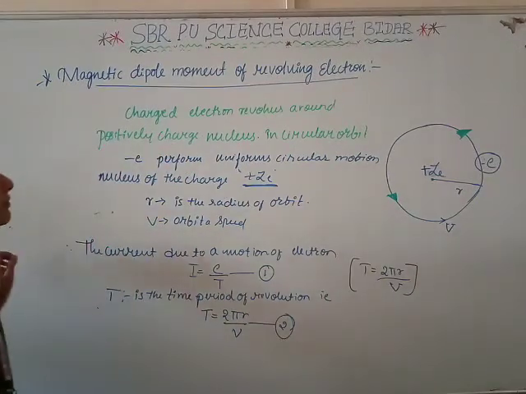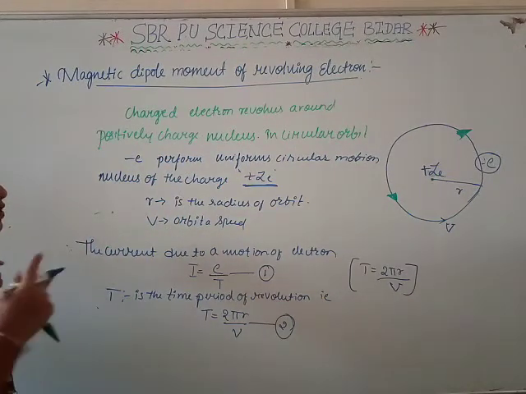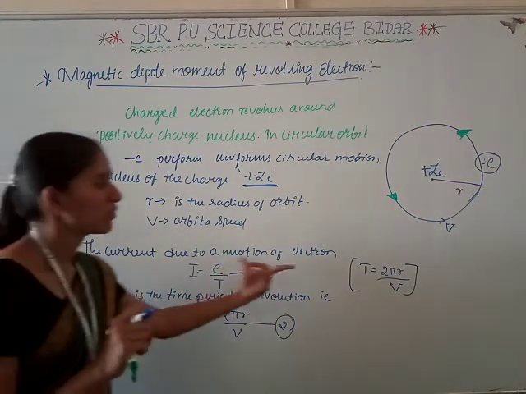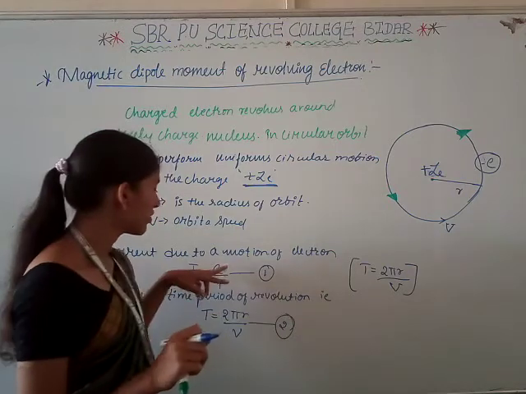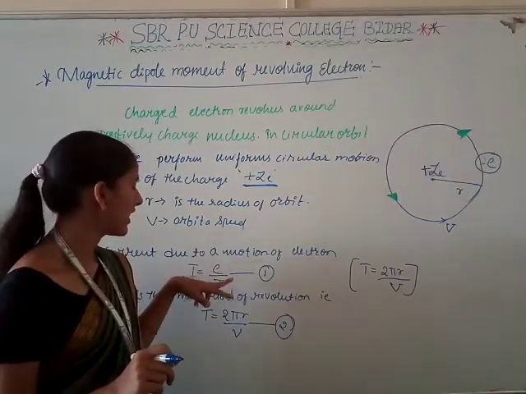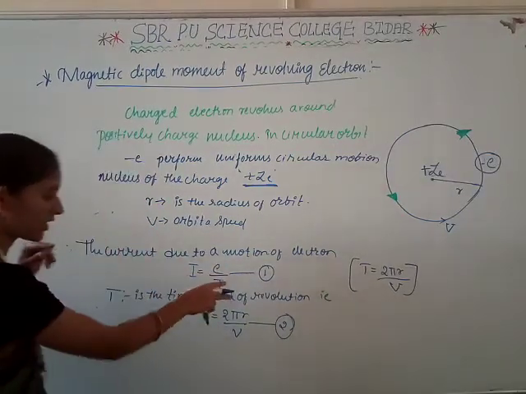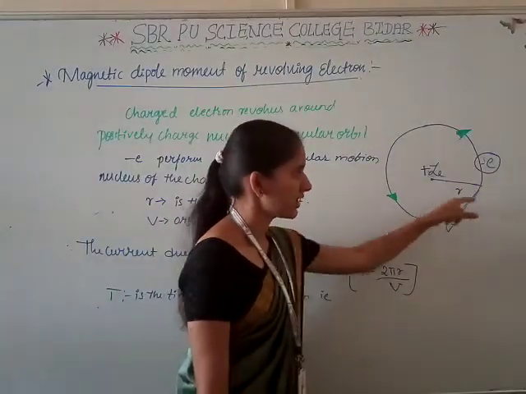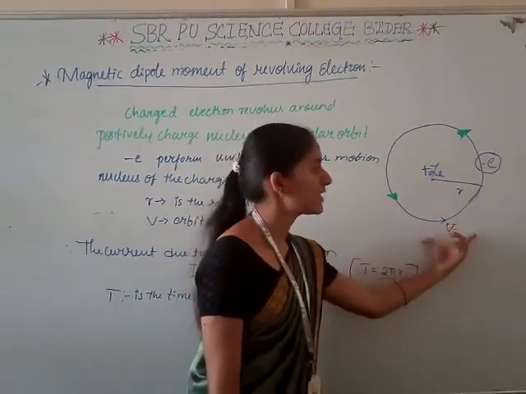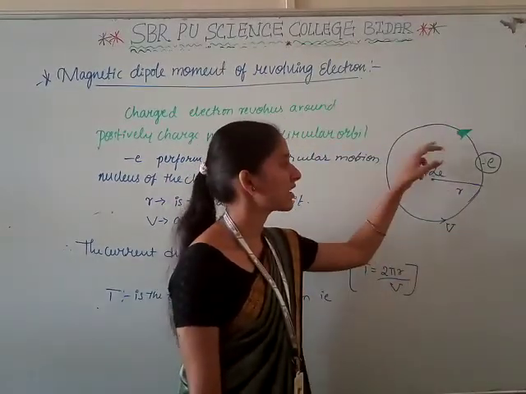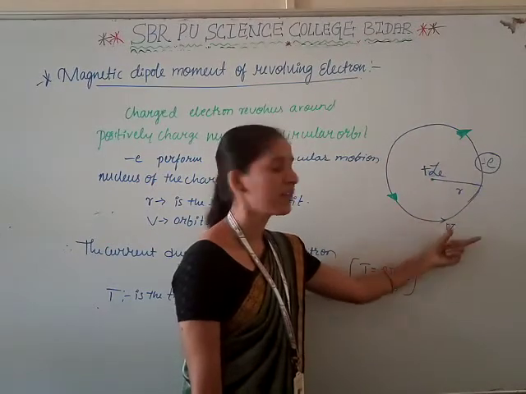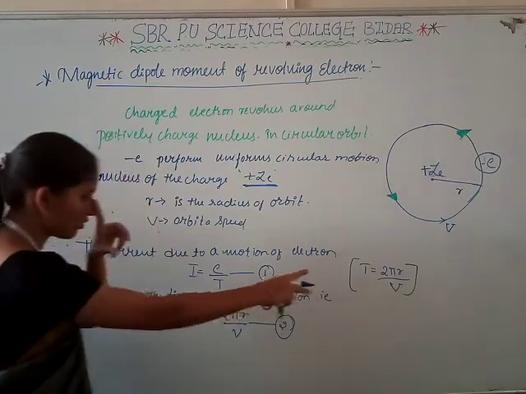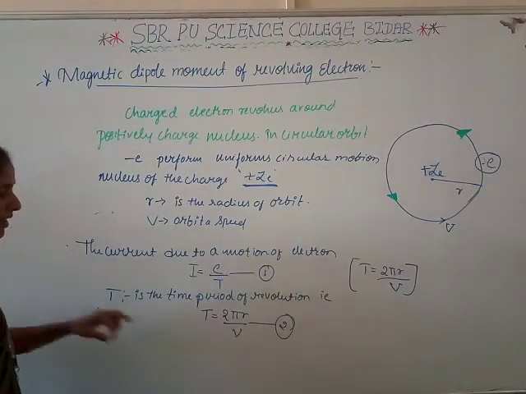Now, to find the magnetic dipole moment of a revolving electron, we use the current due to the motion of the electron, I is equal to E divided by T. E is the electron charge, T is the time period. When the electron moves in a circle, the time period is the circumference 2 pi r divided by the orbital speed v, that is T is equal to 2 pi r divided by v.